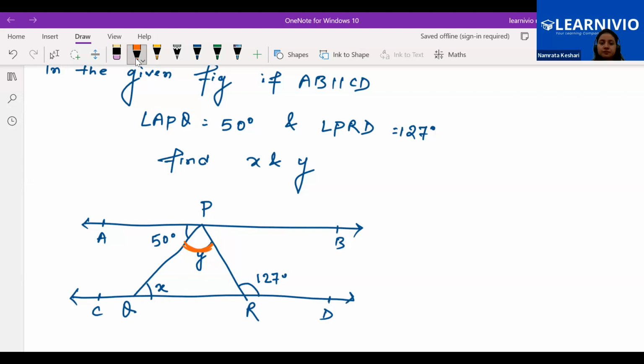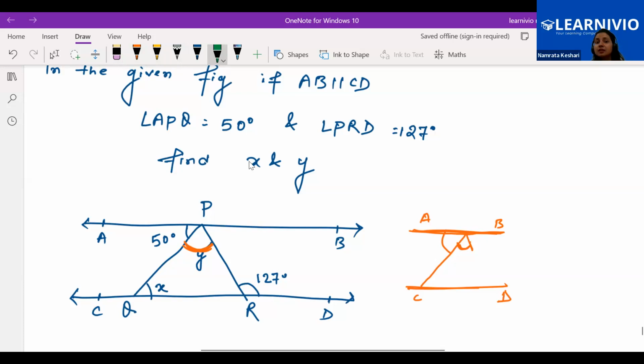Ma'am, 50 degrees. See, if I draw AB and CD separately, AB and CD are parallel, and there is a transversal like this, and you are saying this angle and this angle will be the same. Is it so? Or we can say it is a linear pair. No, now it is not a linear pair because we are not touching the straight line AB. We are not able to complete the straight line AB.